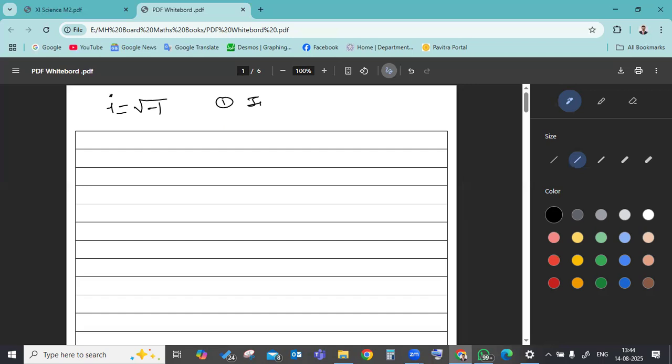First, imaginary number, second, complex number and examples of complex number.